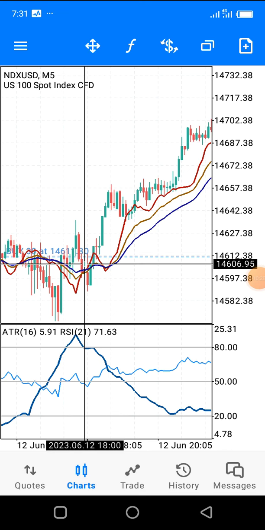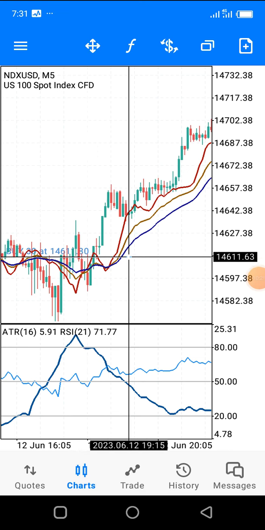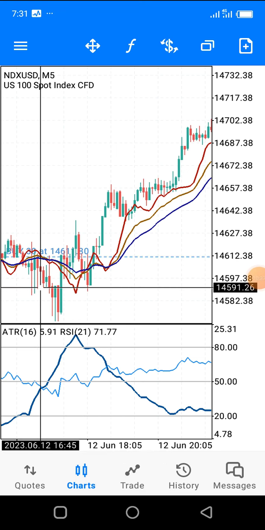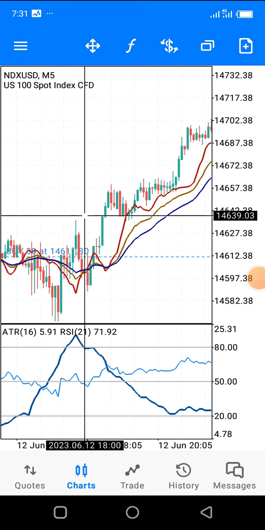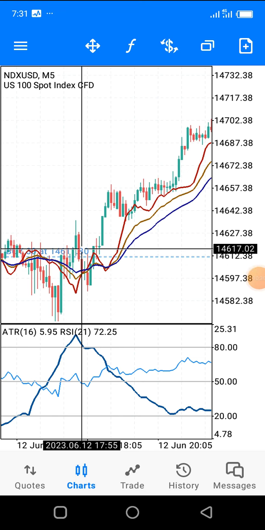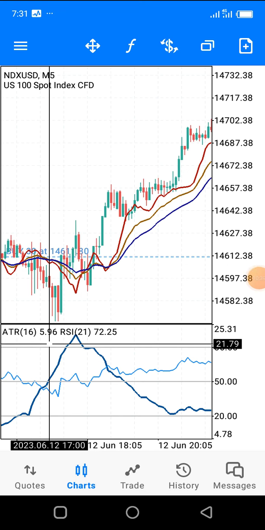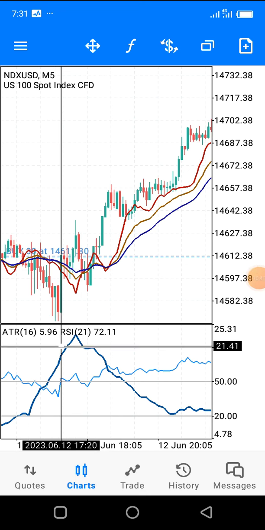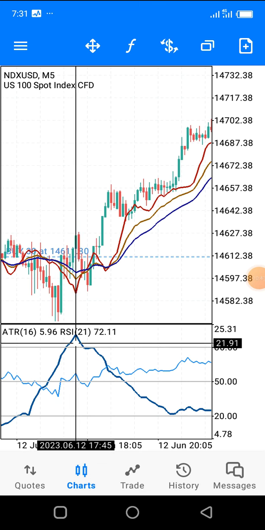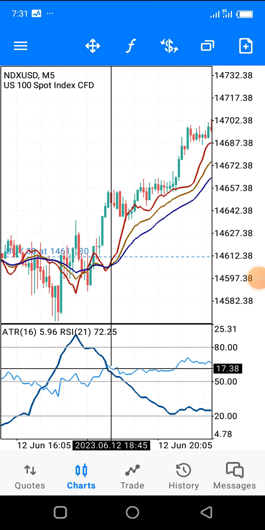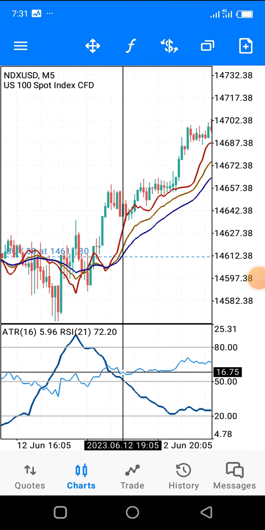Now, at the point of my entry, if you can see clearly, my ATR is telling me strong volatility. It's an upward zone. My RSI is telling me strong momentum as well, at the upward zone above 50.